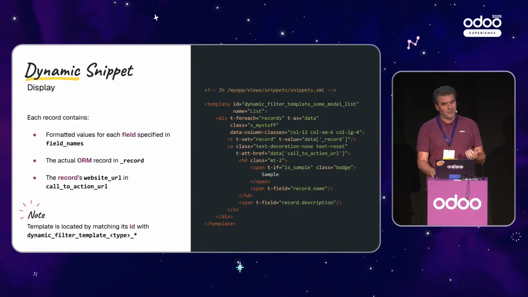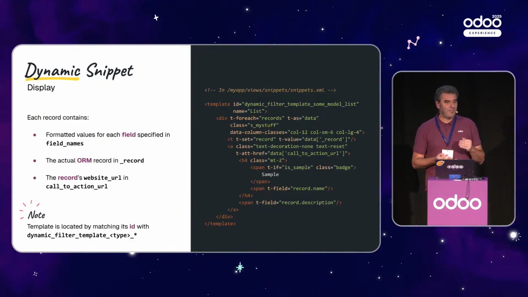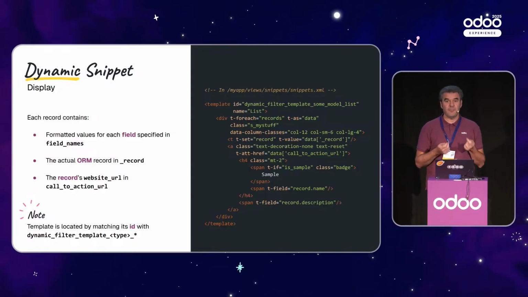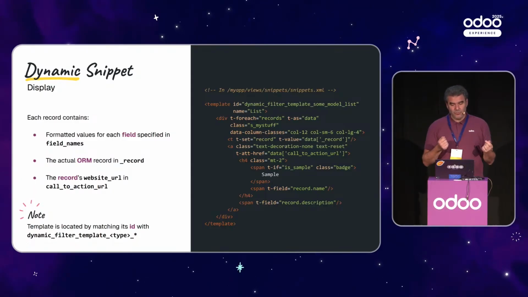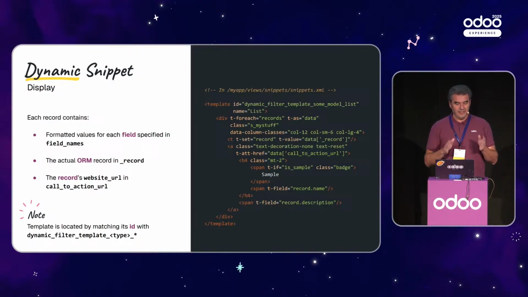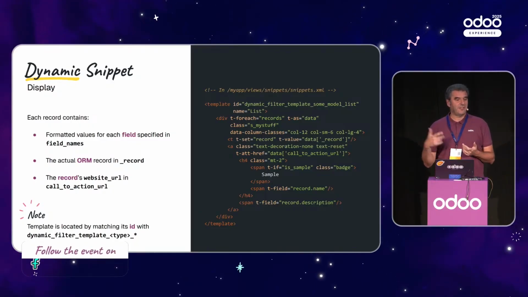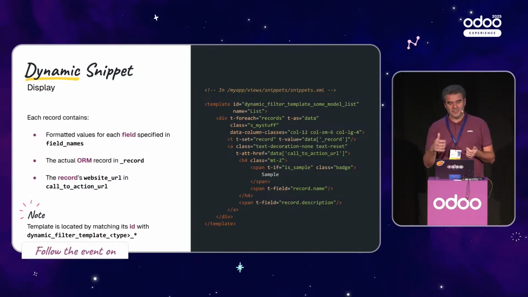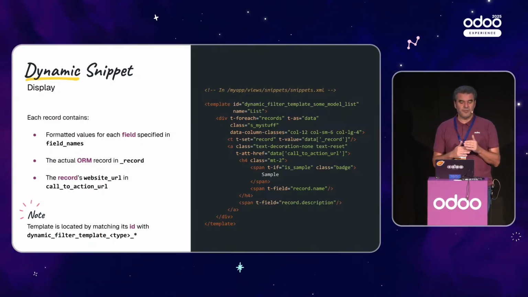For the display, you create a template, and that template receives inside its rendering context a variable named records, which is a list of dictionaries. And in there, you have all the fields that you specified in the snippet filter. You receive all the values for those fields.